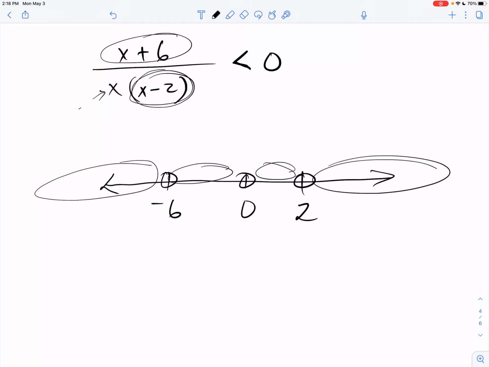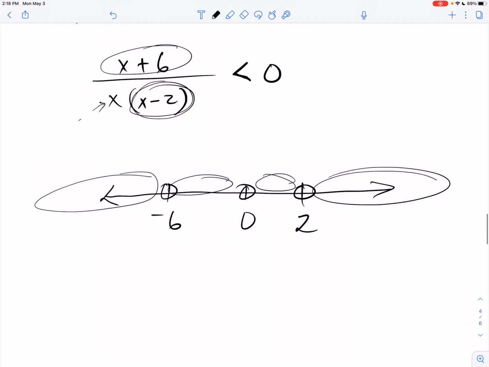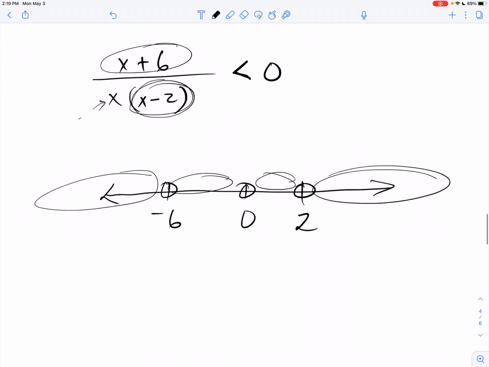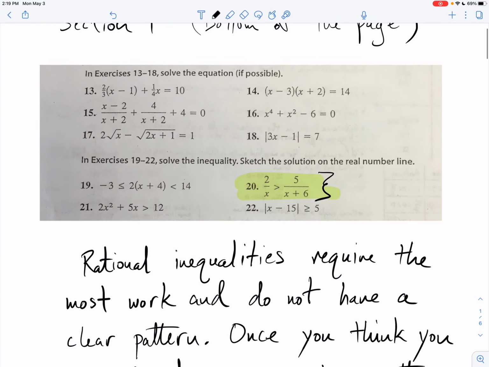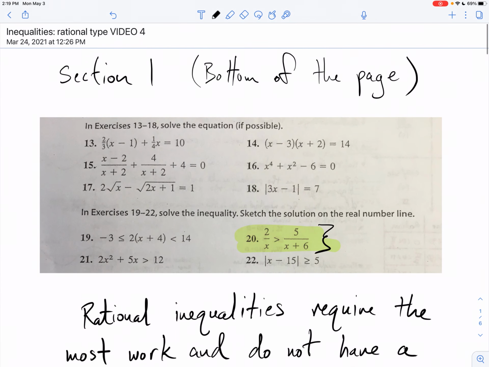And it could be maybe all of these work, or it could be maybe 2 of them or 3 of them. You know, you don't know until you start plugging stuff in to check it. But this is why I wanted to do an example like this, because when you look at the question they put on the calc packet here, this one's going to be like that. This one's going to be a little beefy.